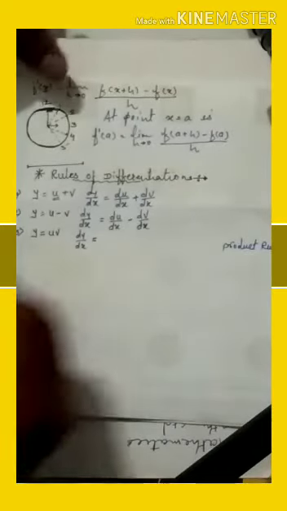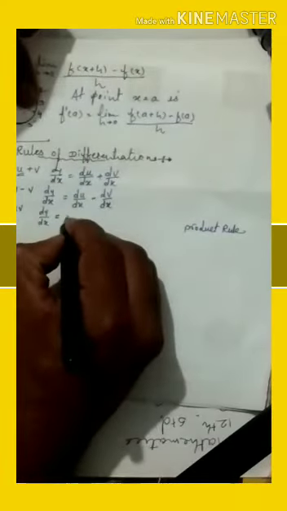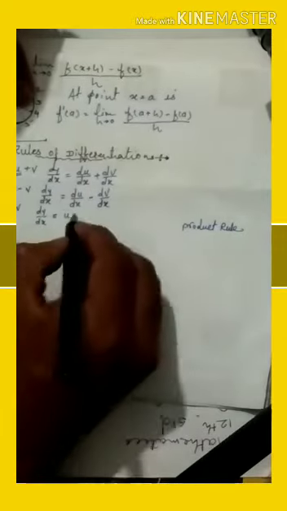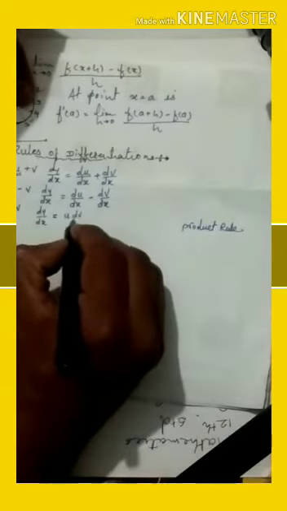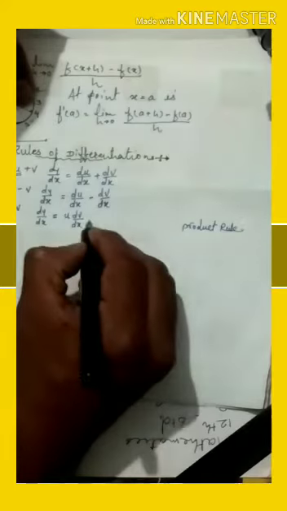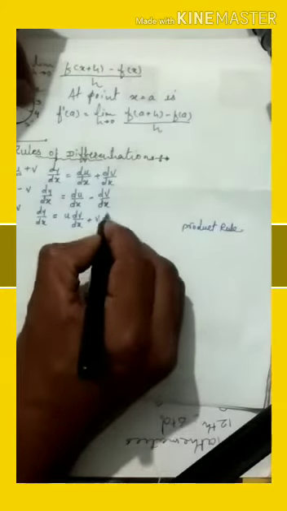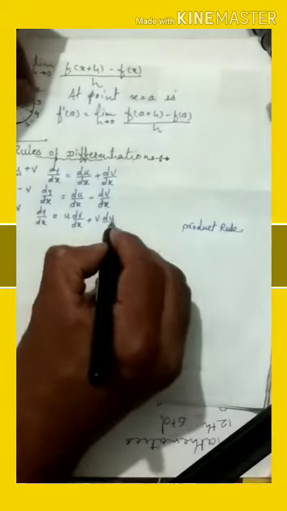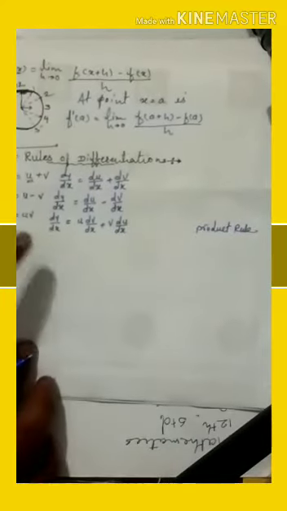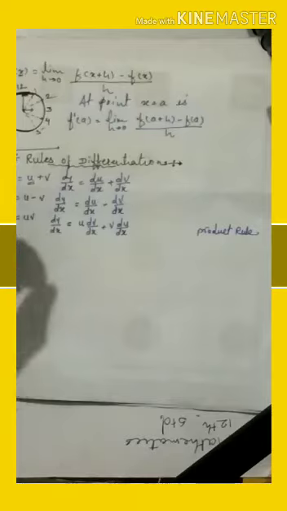First of all, we will take first function as it is, u as it is, then derivative of second function plus second function, then derivative of first function. Okay, first function u dv by dx plus v du by dx, and this rule is called as product rule.